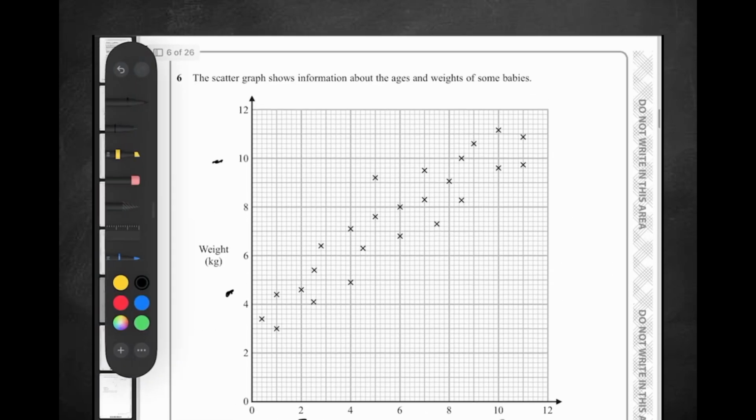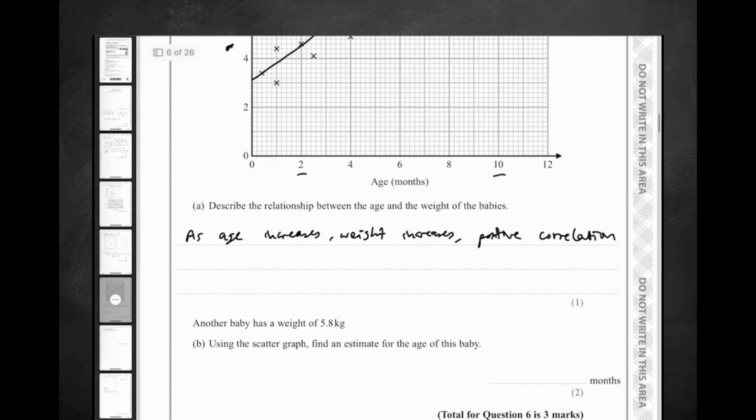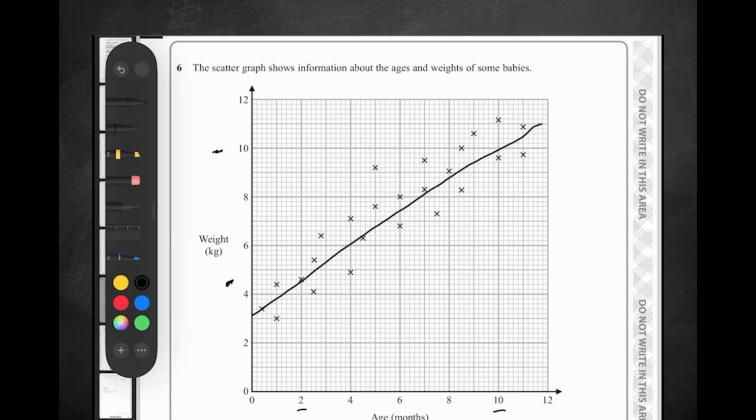So I'll start by drawing a line of best fit, just to make it a bit easier to plot, a bit wobbly at the end there. The question's saying that the weight is 5.8 kilograms. Each square here will be 0.2 because 10 squares go between 0 and 2.